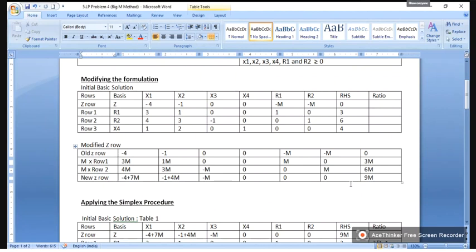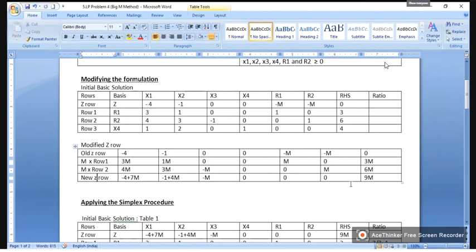So you can prepare this table. If you get any doubts, you can ask me. Is the screen visible properly? Yes, sir.